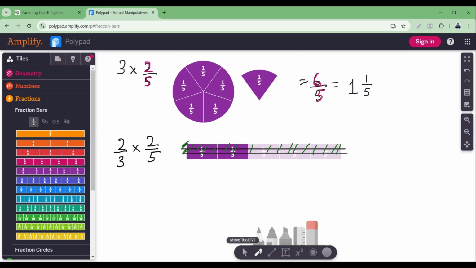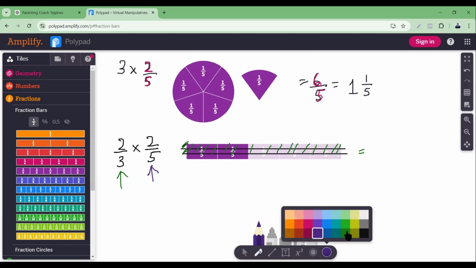Whatever we say the answer is, it should come out as the shaded part. Now look at the part that is shaded in purple and also in green, because green is talking about this fraction and purple is talking about this fraction. When we say multiplying, then it should be something that has green as well as purple.